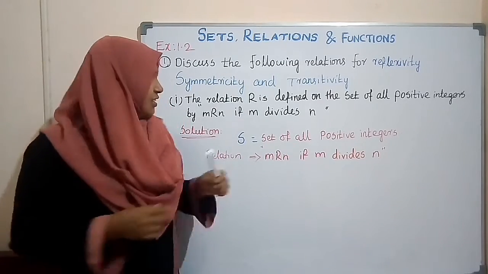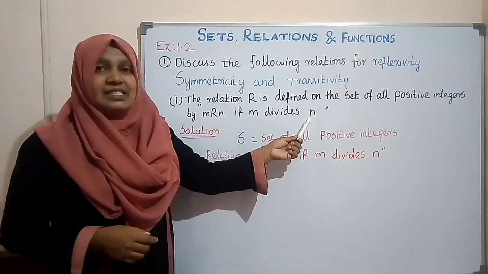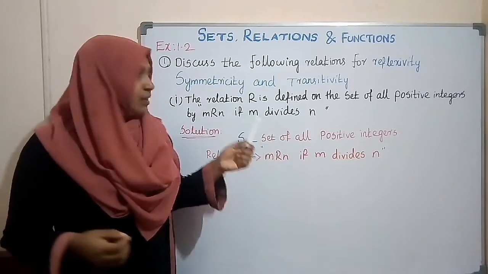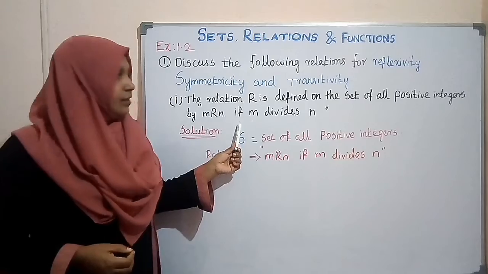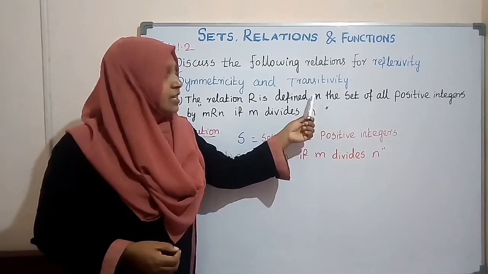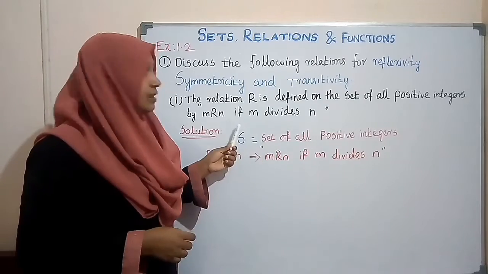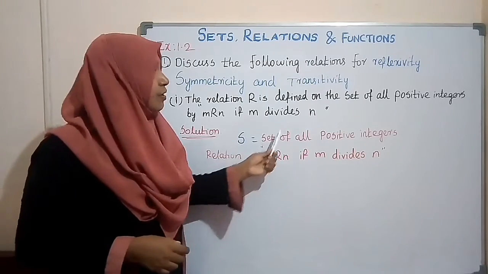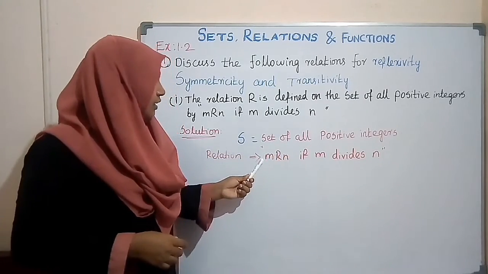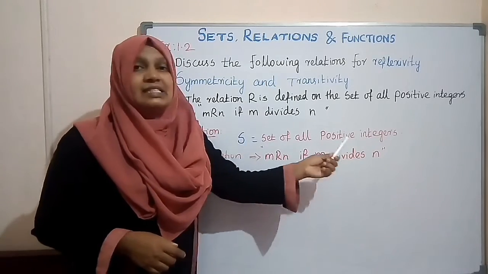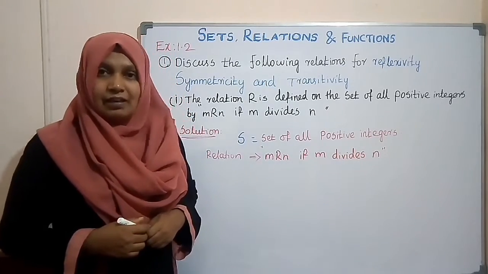So the relation is given like m divides n. If m divides n, then m is related to n. And the set is given as the set of all positive integers. So here I took the set as S. S is the set of all positive integers and the relation is m divides n. Then only m and n are related.